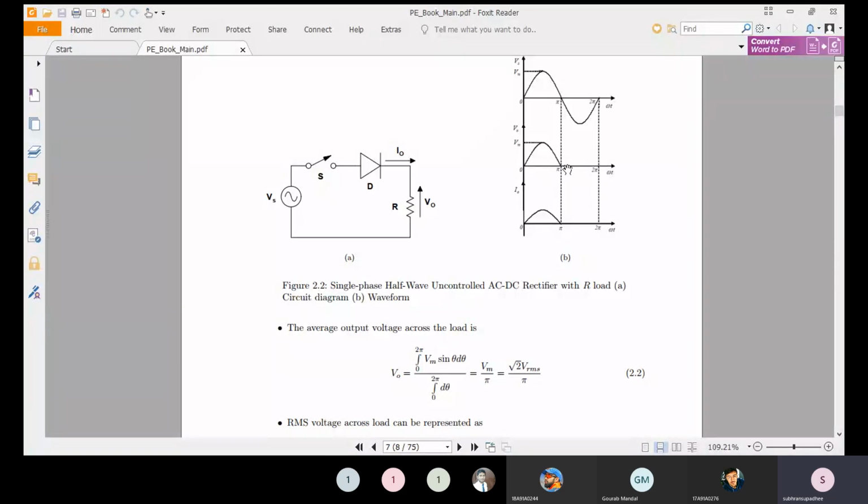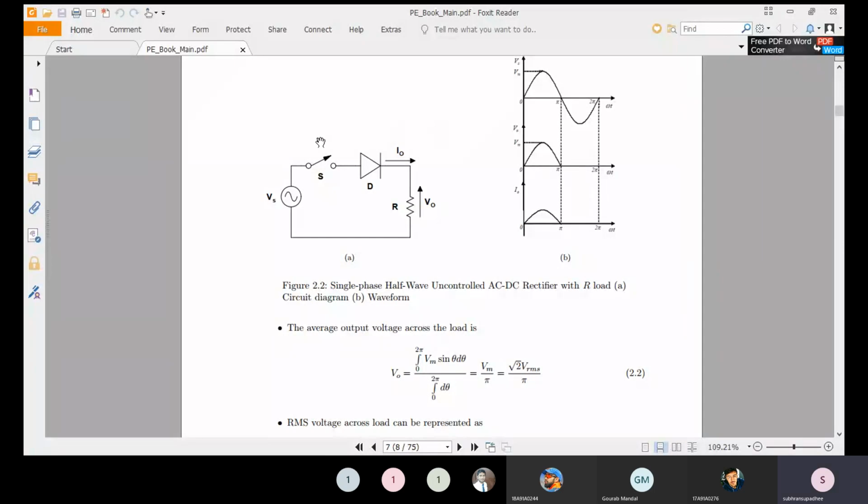So this is 0 to pi, only the positive half cycle. This is V0 and this is Vm. And what about the I0? I0 is nothing but V0 divided by R. So we have source voltage, load voltage, as well as load current.